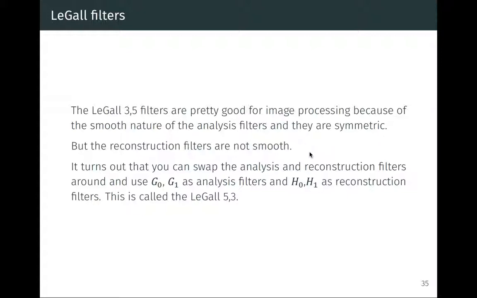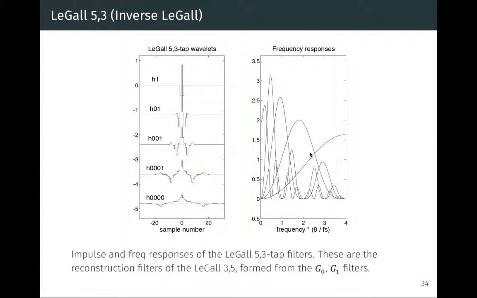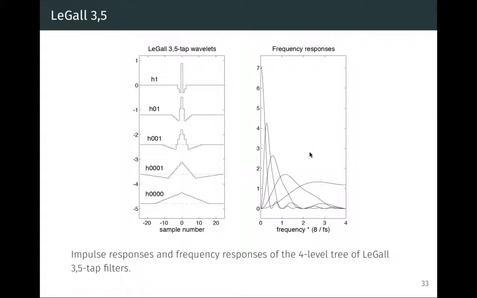Right, so if you look back at the 5/3 filters, they're quite smooth in nature, okay? So the filter itself is quite smooth, so they can be used for analysis, okay?